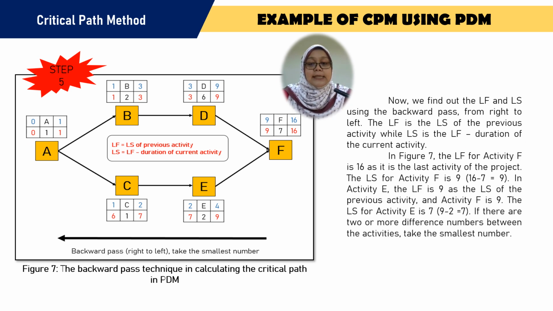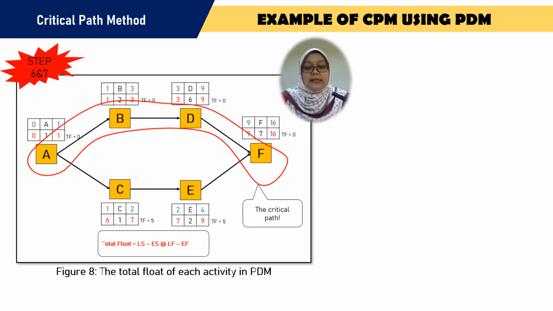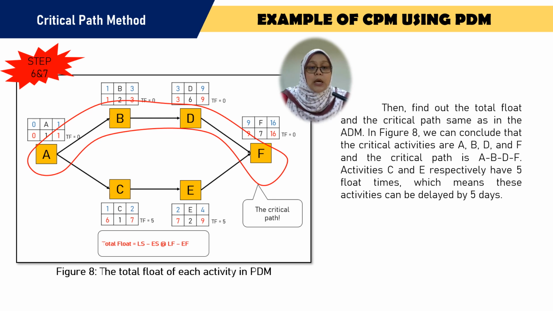From this, we can get the total float or slack. The total float equals late start minus early start, or late finish minus early finish.